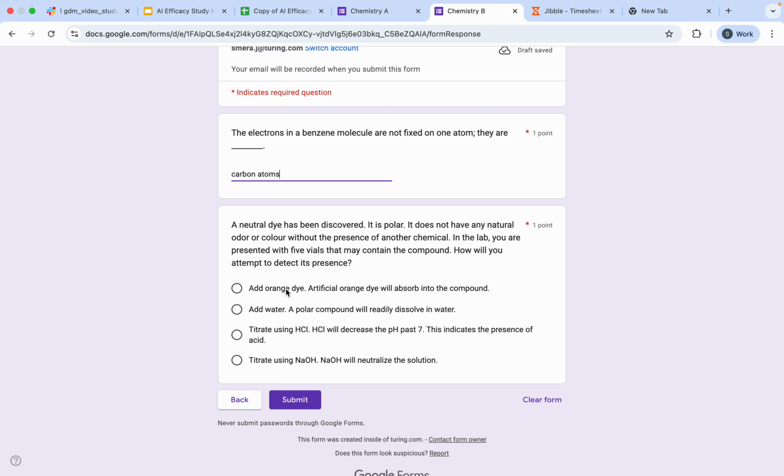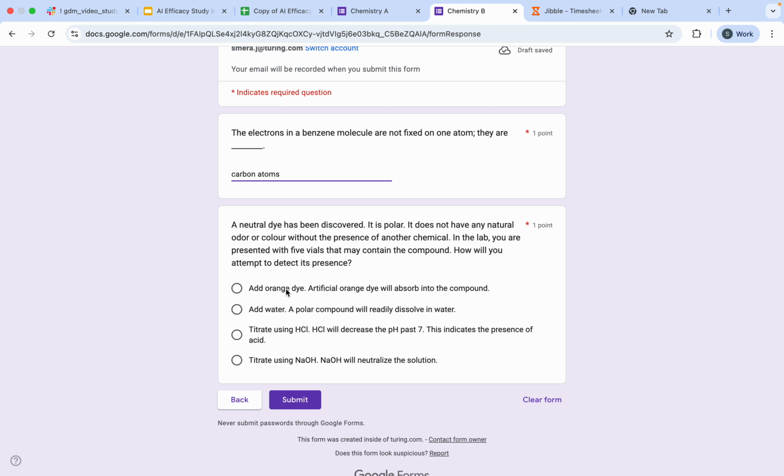A neutral dye has been discovered. It is polar. It does not have any natural odor or color without the presence of other chemicals. In the lab, you are presented with 5 vials that may contain the compound. How will you attempt to detect its presence?